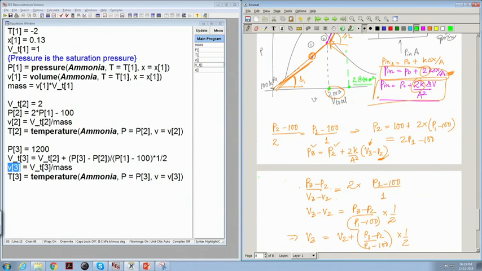So P3 minus P2 over here by P1 minus 100, the P3 minus P2 by V3 minus V2 is twice that of this particular slope. Okay. So let us see what temperatures we obtain.